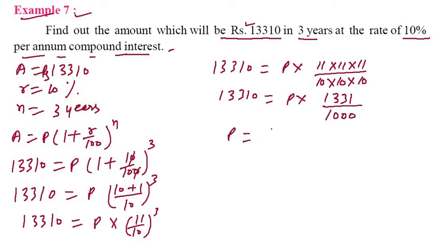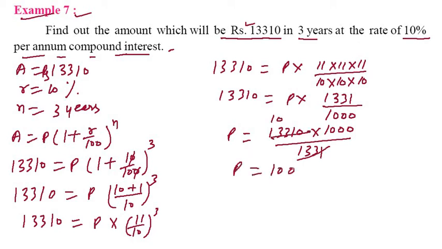So P will be equal to 13310 into 1000 divided by 1331. So this will be cancelled 10 times. So P will be equal to 10,000. So the principal is equal to rupees 10,000, and that will be your answer.